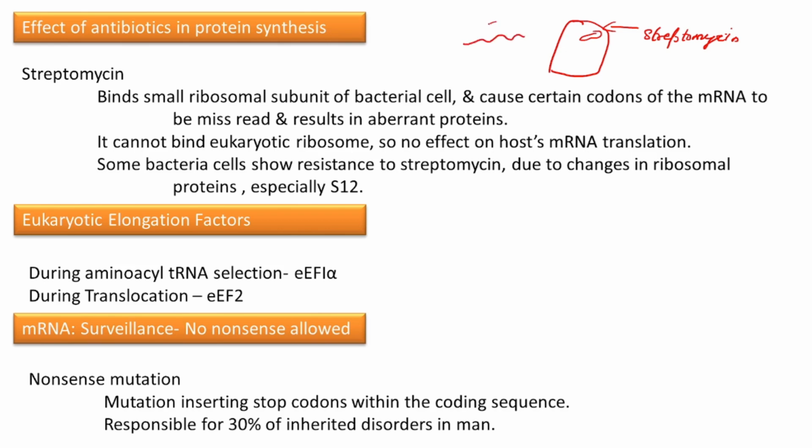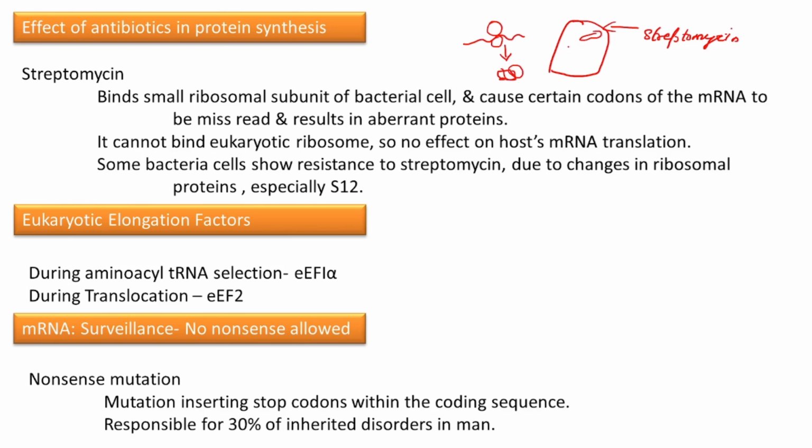The mRNA that is being translated with the help of that ribosome is misread from a particular point, and because of that misreading, it results in an aberrant or abnormal protein that leads to the death, the destruction, of that bacterial cell in the host cell.